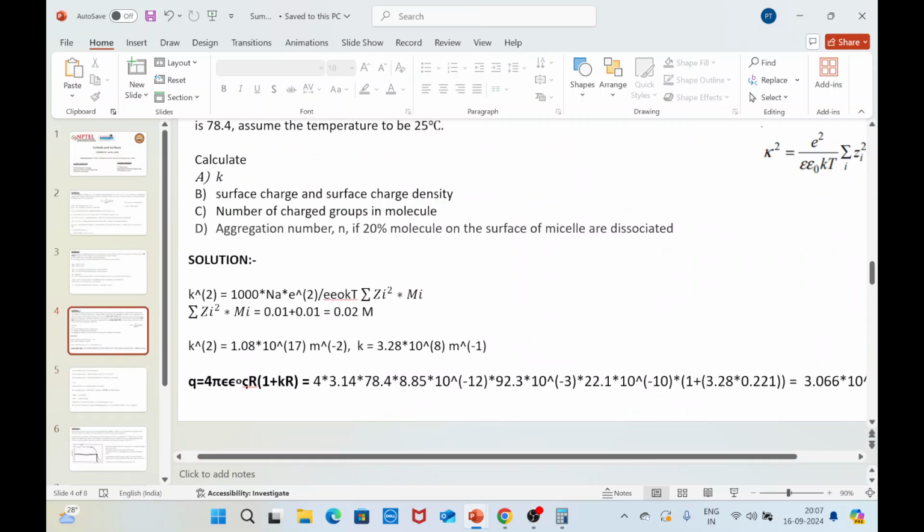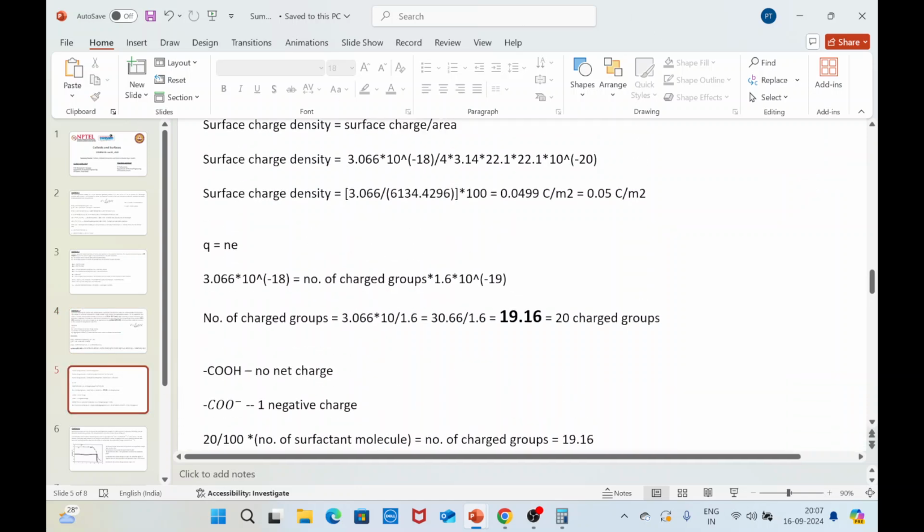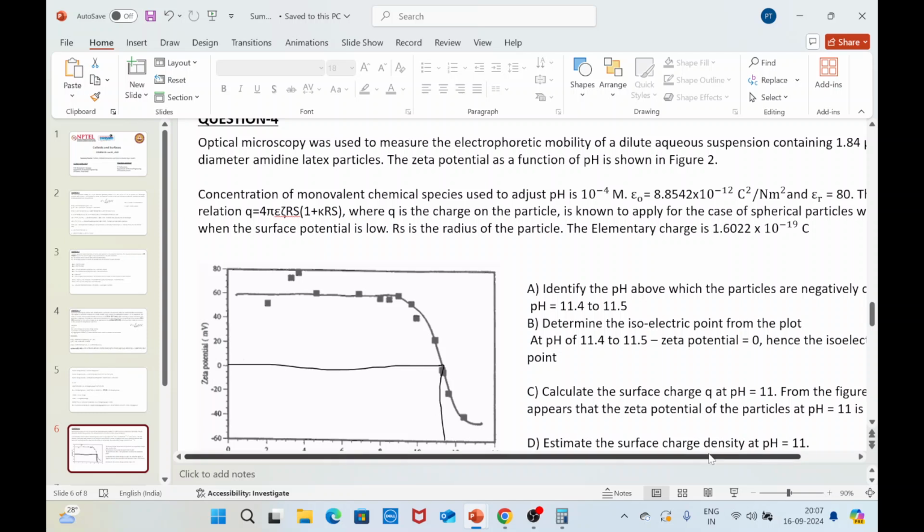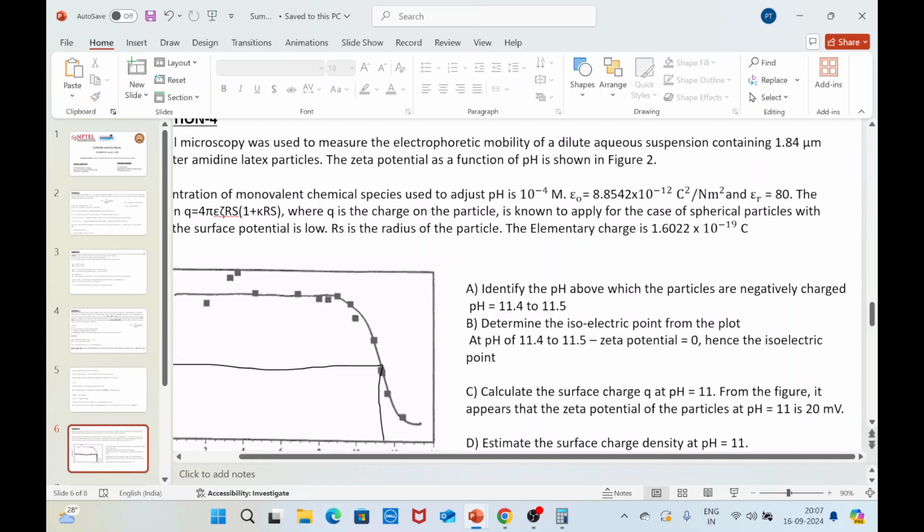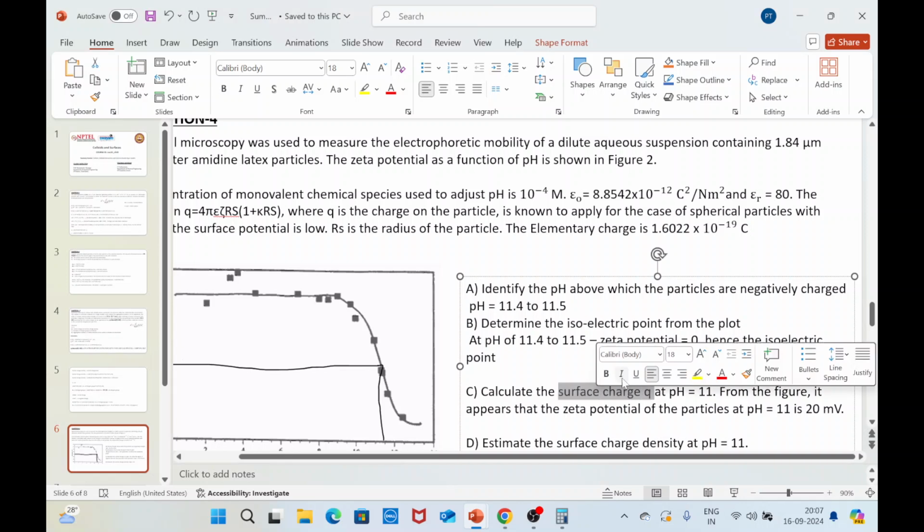We calculated Q from this expression, and once we got the surface charge, we just divided that by area to calculate the surface charge density. So here they have given you the zeta potential value, that is, at pH 11 the zeta potential is 20 millivolt, and from there they are asking you to calculate the surface charge.